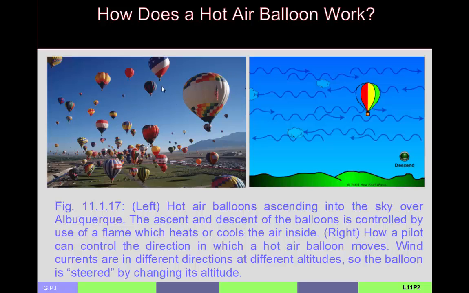Some of the currents may be to the east, and then if you move down just a little bit, some might be north. Then you move down a little more, and they may be south or west, etc. So in theory, the way that you could control where a hot air balloon goes is that you'd either heat it or cool it so that it enters into the part of the air that happens to be traveling in the direction that you want it to be traveling in.